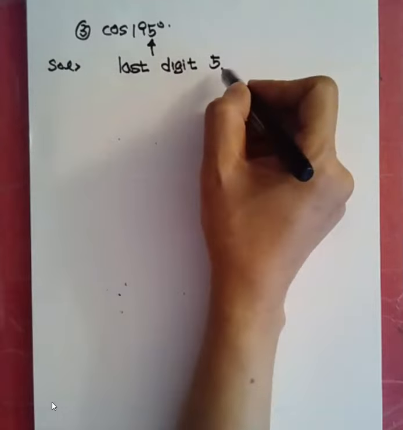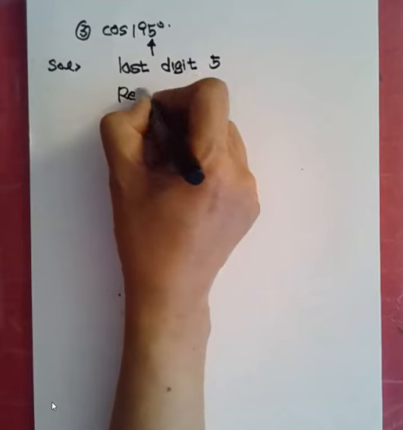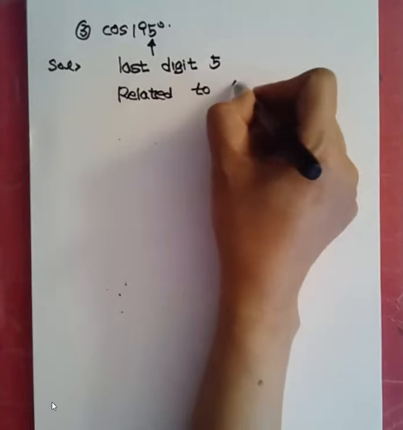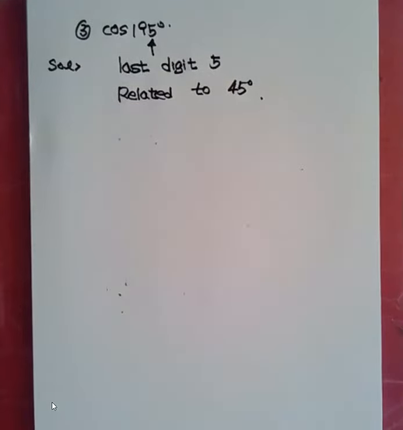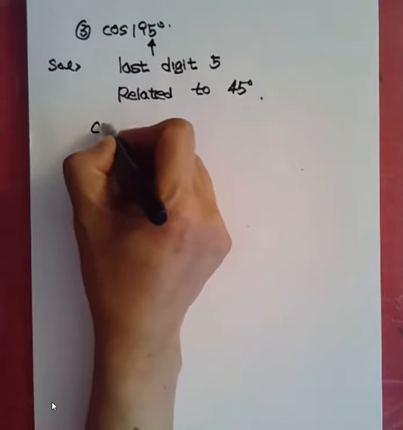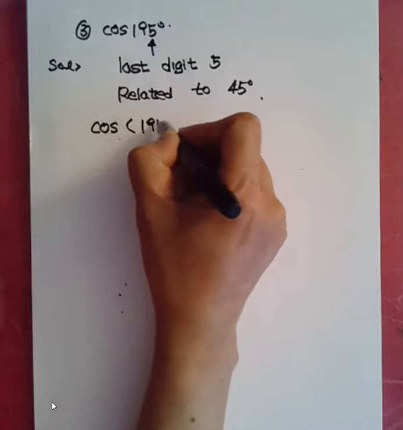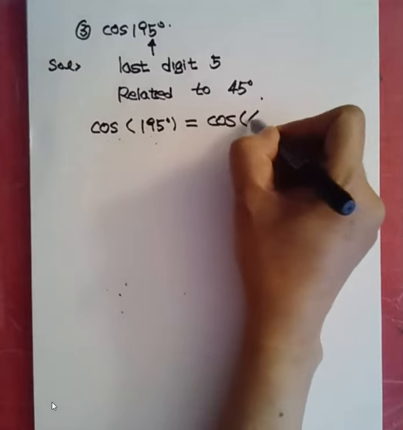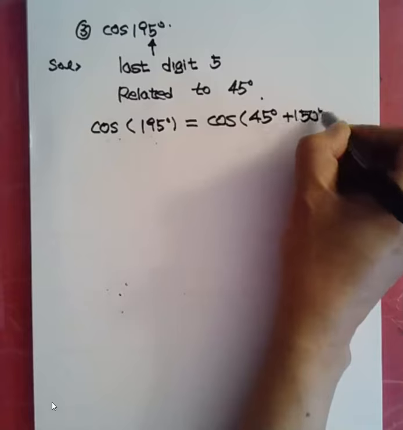If the last digit is 5, then that is always related to the angle 45 degrees. So the way we will break it down is 195 degrees is 45 degrees plus 150 degrees.